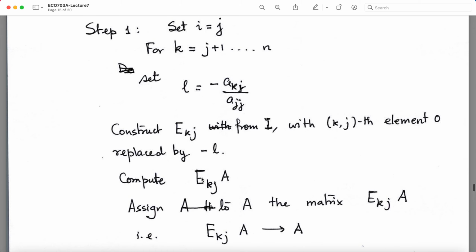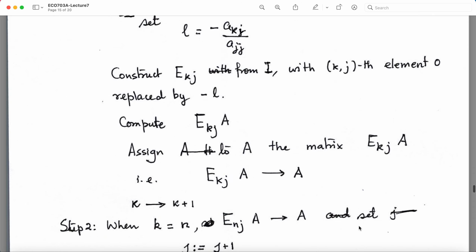So you compute for first K. So this is for a fixed J now. J is fixed. Now you are looking at the first position, J plus 1. So you do this computation for E K J, J plus 1, J, A. Now assign the new matrix, A now becomes the matrix EKJ A. Then update K to K plus 1.